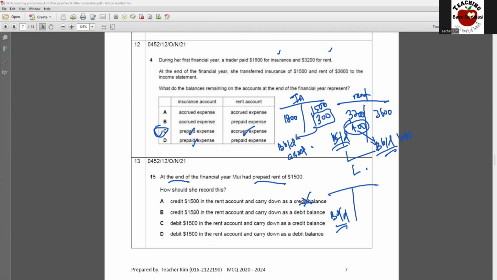Credit 1,005 in the rent account and carry down as a debit balance. So this one as a debit balance, carry down to the next year. So you credit here, balance CD, 1,005. And then you put here, 1,005. So this amount should be in here.